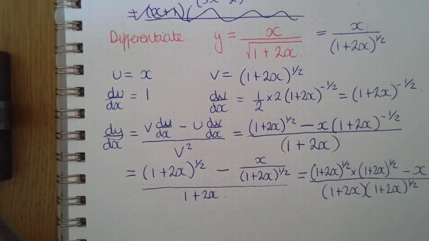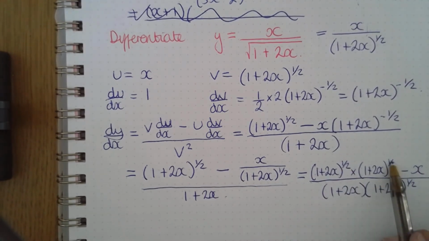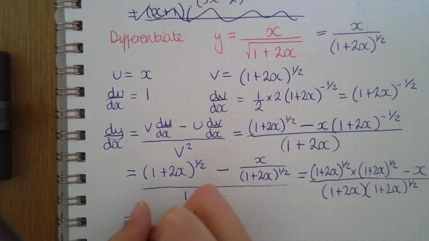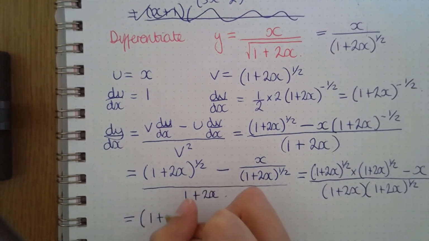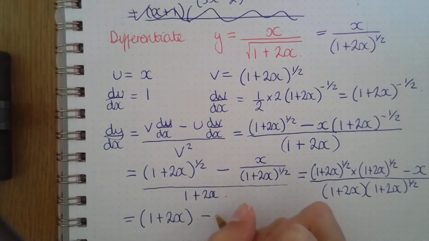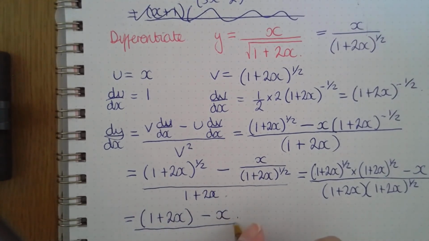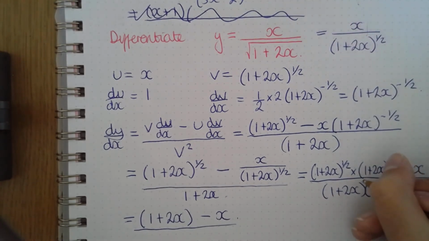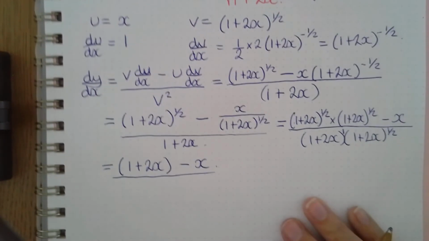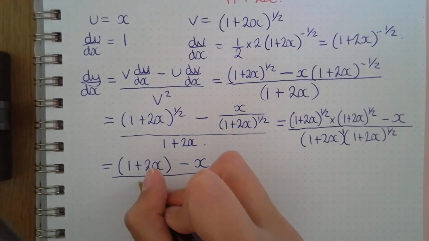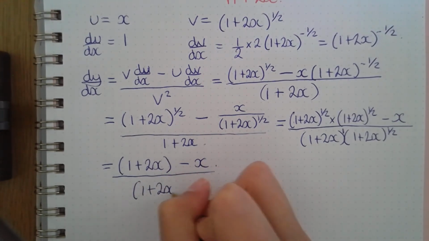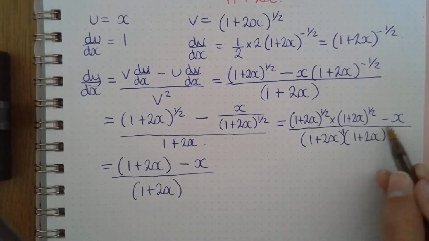Obviously, fraction within fraction isn't the best move. So 1 plus 2x to the power of a half times 1 plus 2x to the power of a half. Okay, that just becomes 1 plus 2x. So 1 plus 2x. I've still got the take away x, and then my denominator, this is the power of 1, and this is the power of a half, so my denominator is 1 plus 2x to the power of 3 over 2.